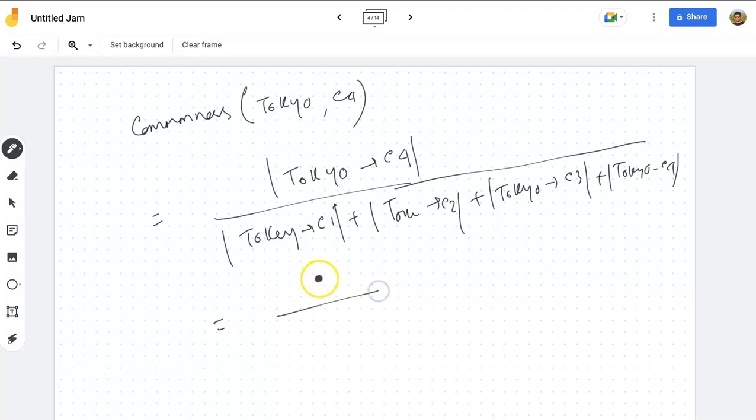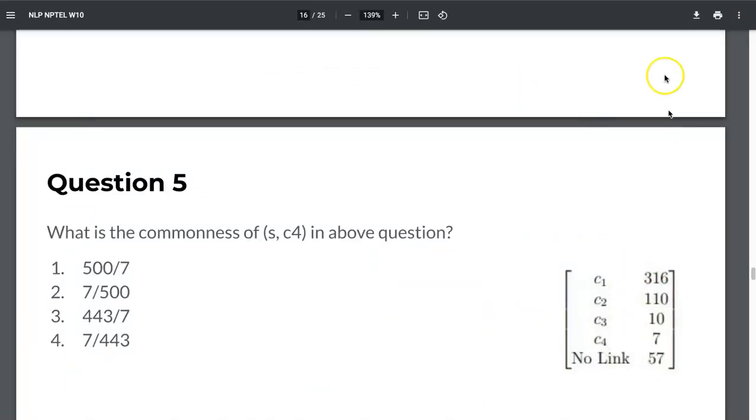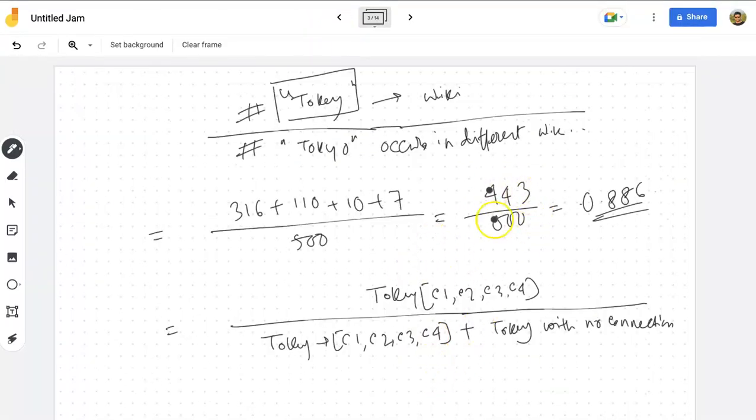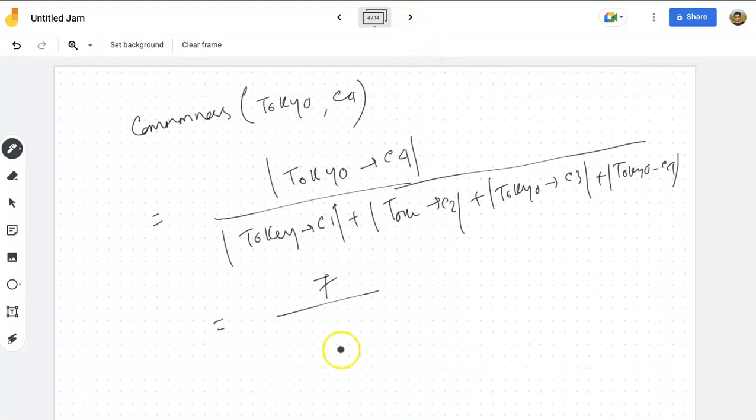So I think it is 7. Just check, yeah, it is 7, and in the last slide we calculated the sum, it is 443. So if we just do the sum, it will be 0.01586.